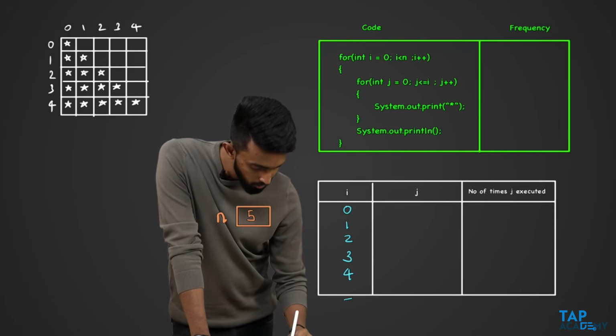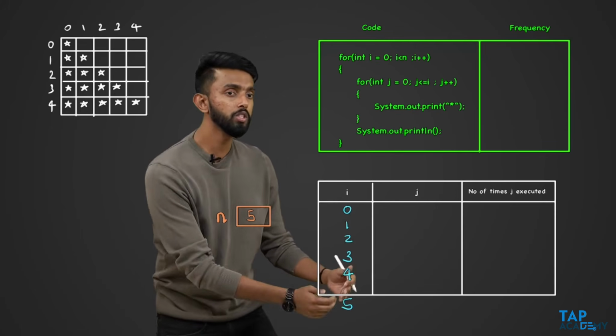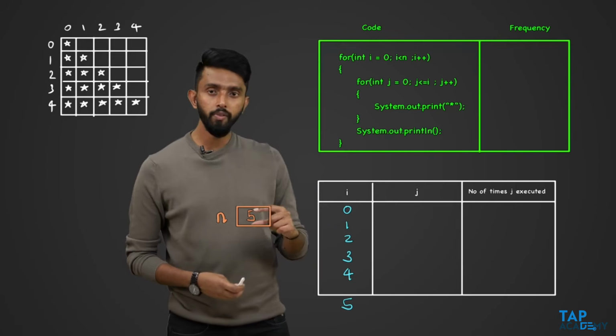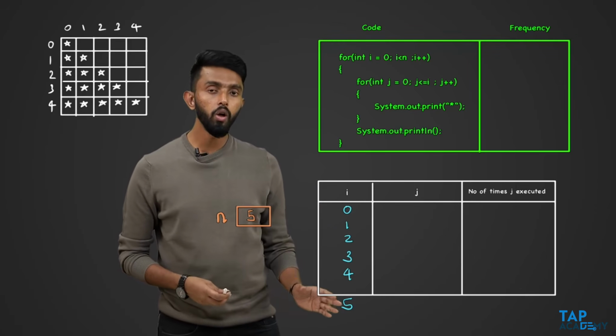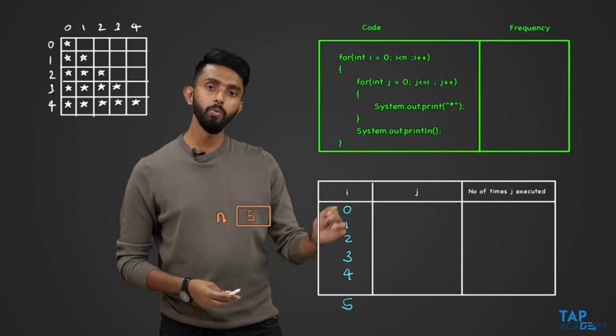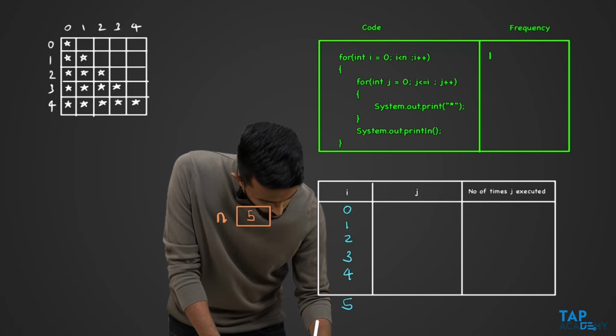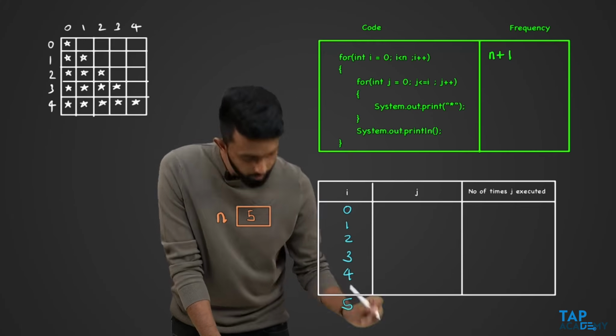Now 5 also it will work. I am writing it outside because it is a false value. But n is 5, and i will execute a total of 6 times. So n plus 1 times.